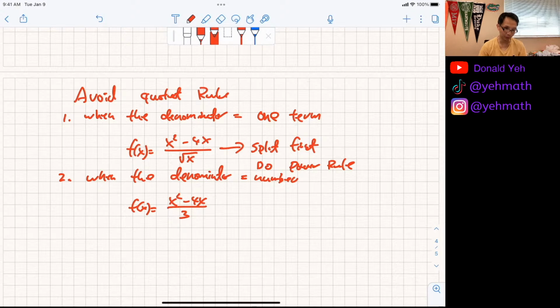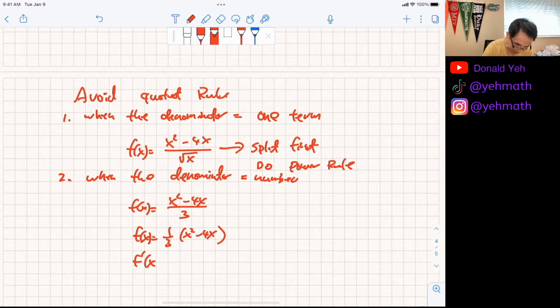When something over 3, I just say f of x equal to 1/3 times x squared minus 4x. And if I want to take a derivative, I just do 1/3 in the front and take a derivative inside, which is 2x minus 4, and I'm done. I don't need to do quotient rule when the bottom's a number or bottom's 1 term.